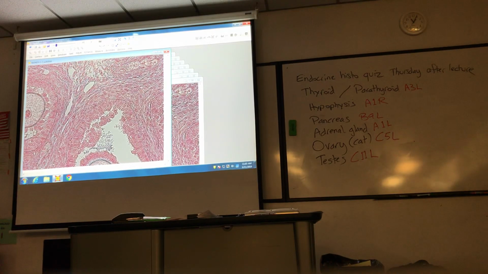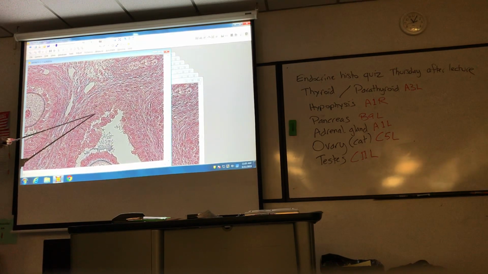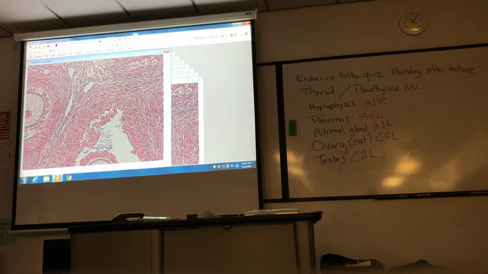So here's the outer edge of a Graafian follicle. That's the theca, the connective tissue looking cells. That's the granulosa cells. So theca, granulosa cells for a mature follicle. And I'm done with ovary unless there's any questions. We'll move on to testes.